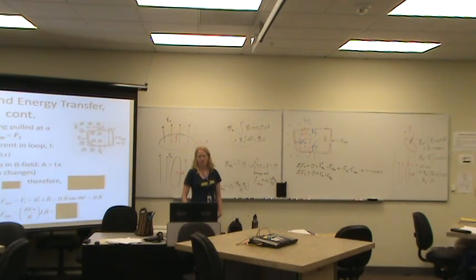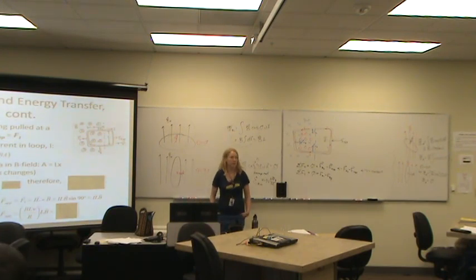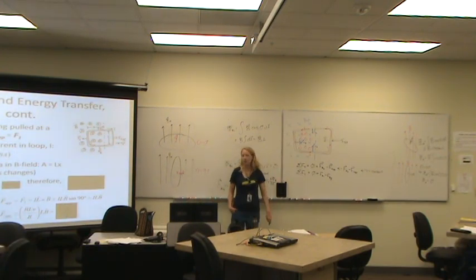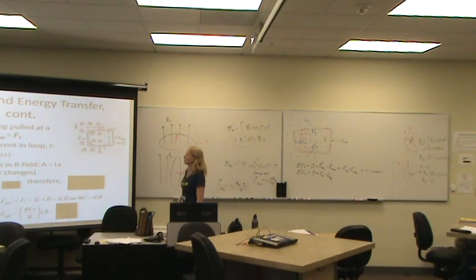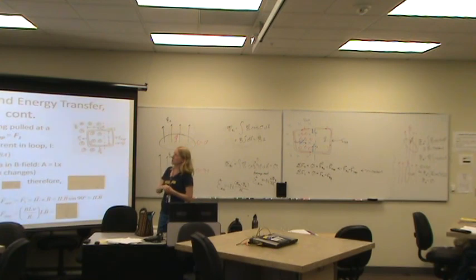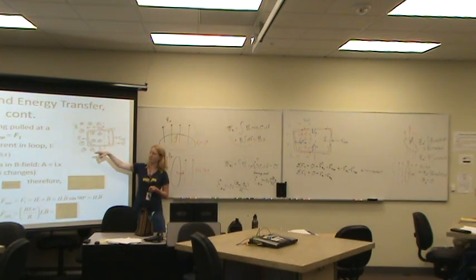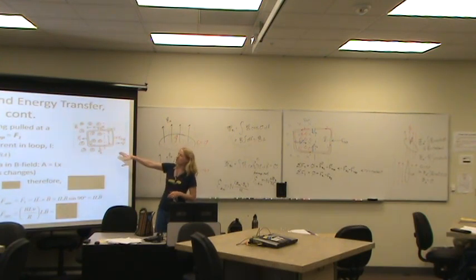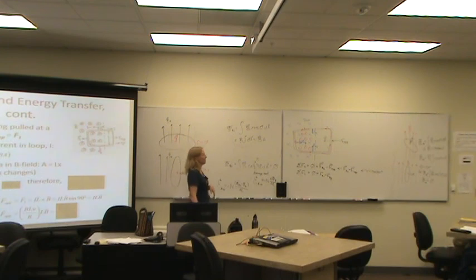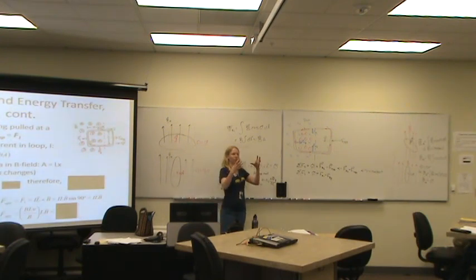So now that we understand the physics behind this, we can solve for things, like the induced current in the loop. If we first look at the induced EMF equation, we said that was d flux over dt, and if we do the simplified flux of B times A, the B field is constant, that's just some external B field. Like my example, that could be from a horseshoe magnet.